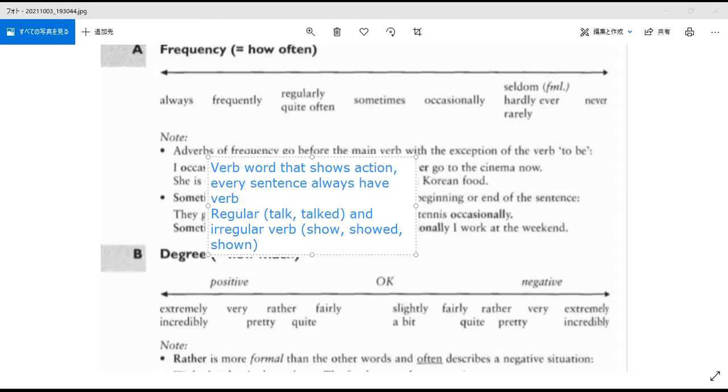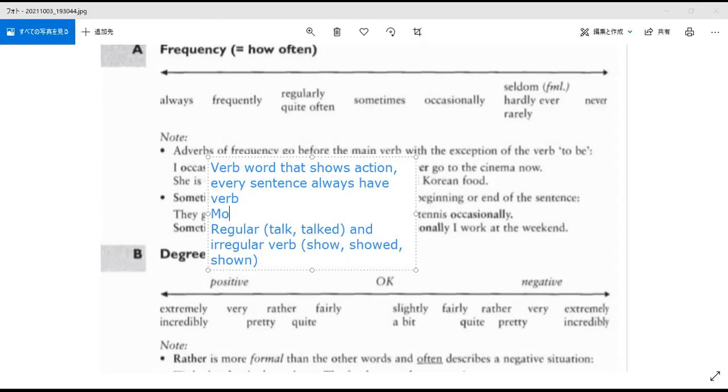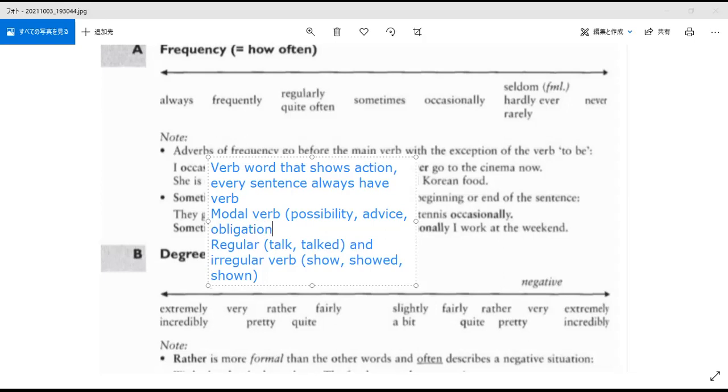And then modal verbs. Yeah, modal verbs can express many things, right? Possibility, advice, and then obligation. What else? Ability, etc. Depends on the sentence again.